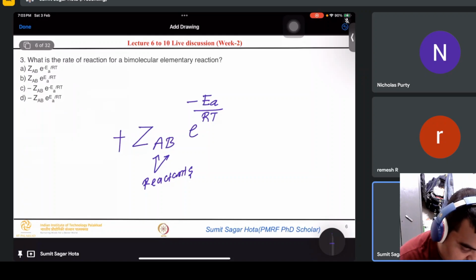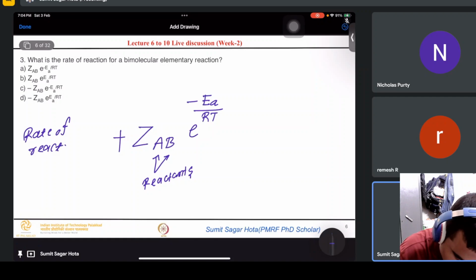That is the reason. The activation energy is taken as a magnitude. So note that this is for a bimolecular reaction, where two reactants are there.